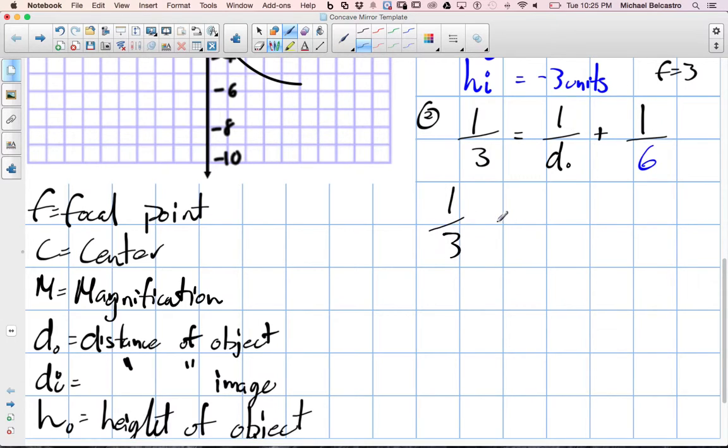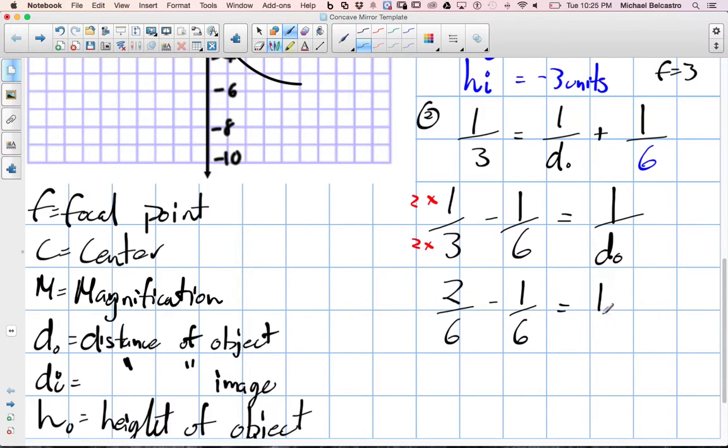So we have 1 over 3, subtract 1 over 6, is equal to 1 over the distance of the object. Now, in order to subtract these fractions, we need a common denominator. So we get 2 over 6. We multiply the top and the bottom of this fraction by 2. Okay, subtract 1 over 6 is equal to 1 over the distance of the object.